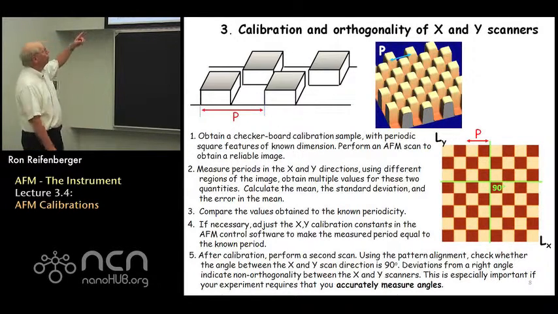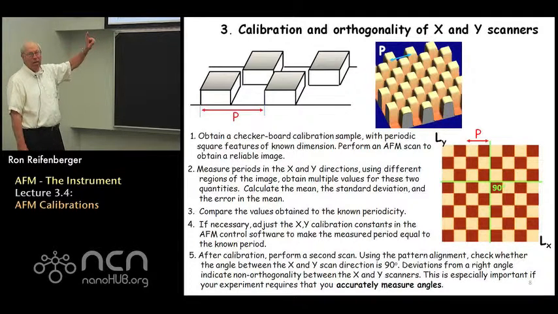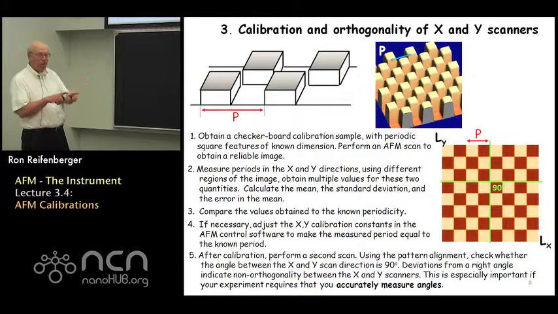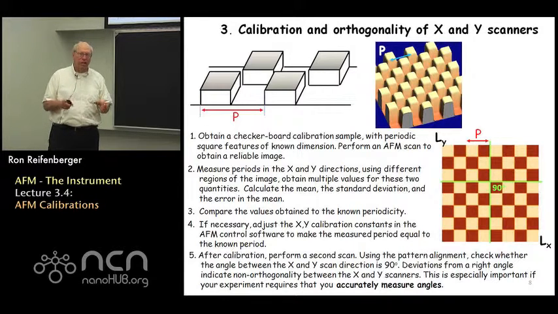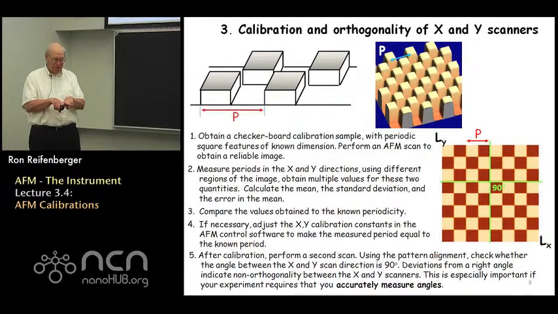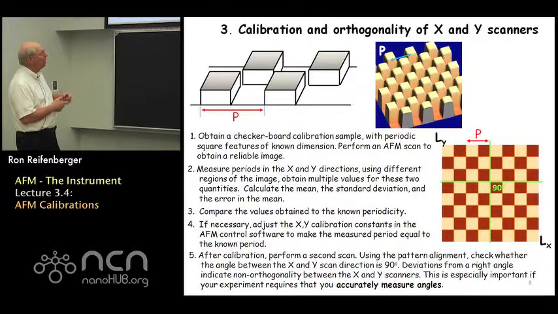So that non-orthogonality of the XY scanners will be important if you're doing experiments that require you to measure precise angles between features in your substrate. If you're not particularly interested in the relative orientation of, let's say, two features on your substrate, then maybe this orthogonality check isn't so important for your work.